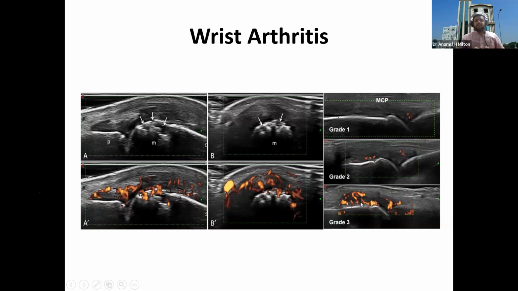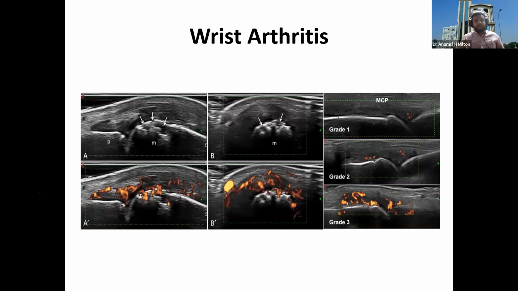If the collection is so much and the inflammation is so high, you should consider it grade 3. Then oral medication like oral steroid or oral NSAIDs is not enough to minimize this kind of inflammation, so you need an intra-articular injection also.